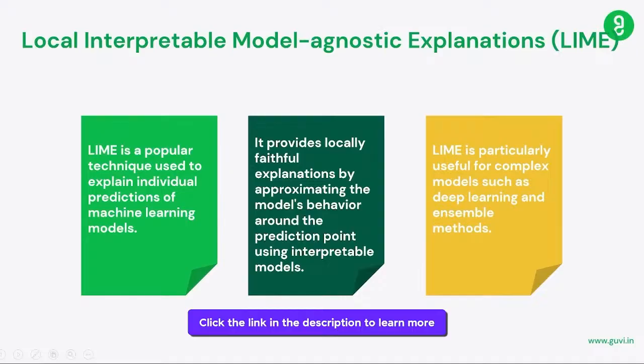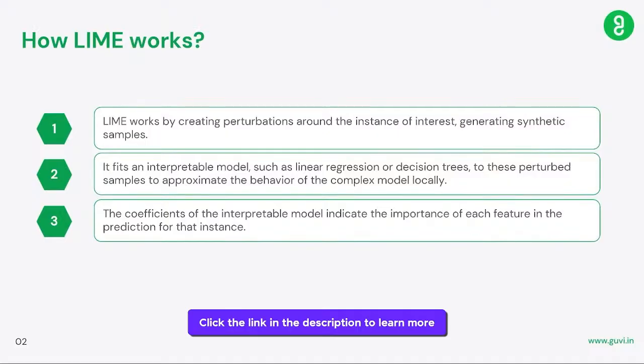Like we have seen earlier, LIME is a powerful technique for generating local explanations for machine learning model predictions. Now let's see how a LIME model works. LIME, or Local Interpretable Model-agnostic Explanations, works to provide local explanations for machine learning model predictions.